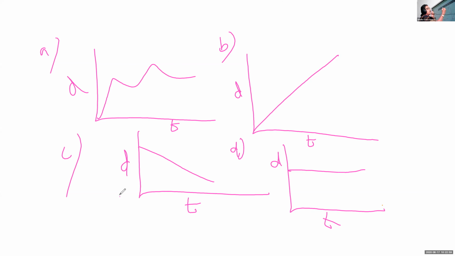In B, the distance is increasing, that means speed is increasing. But in graph C, the distance is decreasing, that means speed is decreasing. So both B and C represent uniform motion. Clear? The only difference is that in B, speed is increasing, and in this distance-time graph, speed is decreasing.